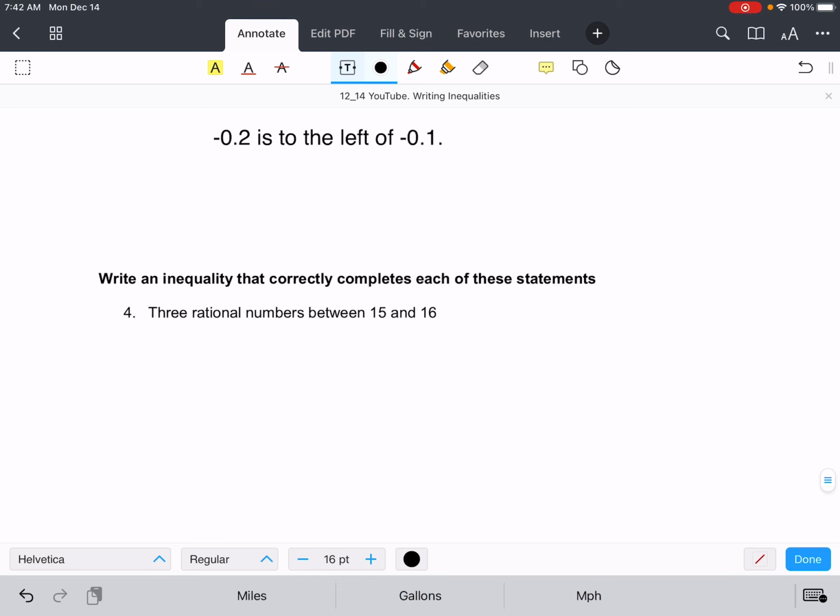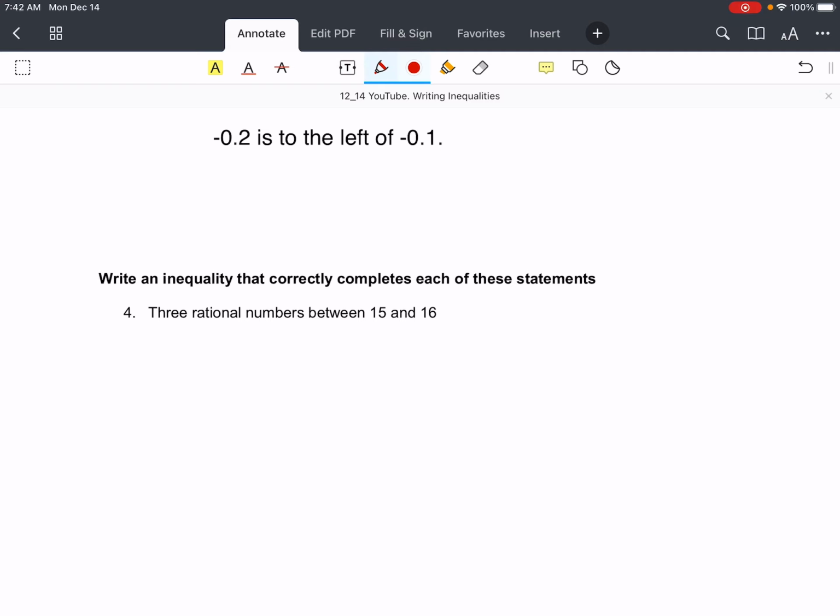Write an inequality that correctly completes each of these statements. So we're going to write an inequality that has three numbers, and we want three rational numbers between 15 and 16. Rational numbers can be whole numbers or decimals, and I am going to go with the greater than symbol, but I can do two examples.